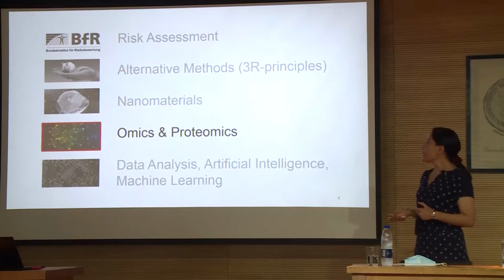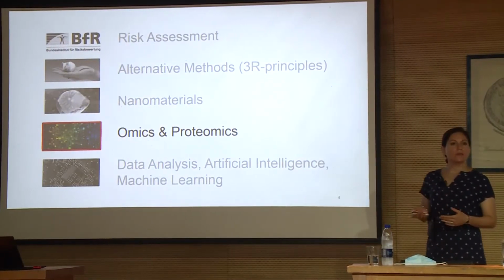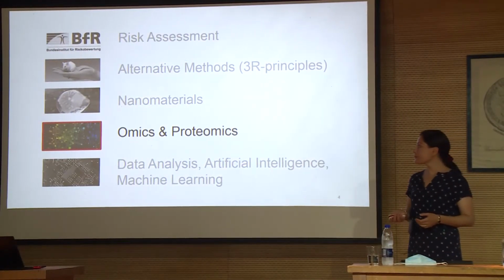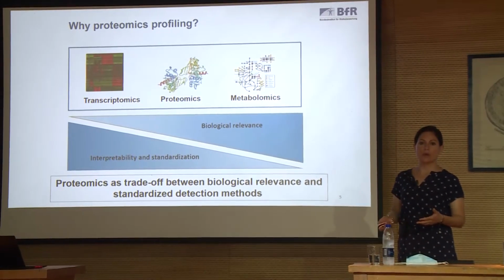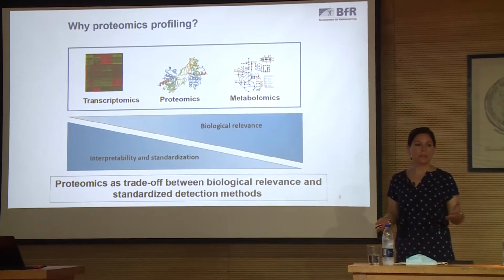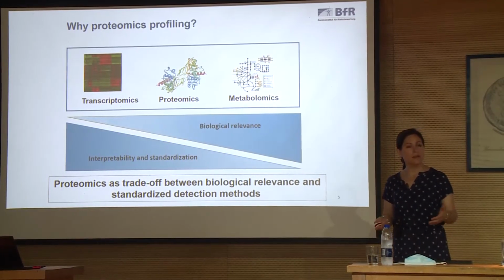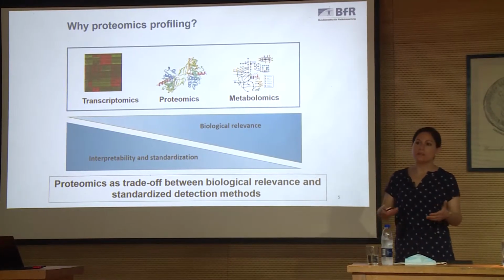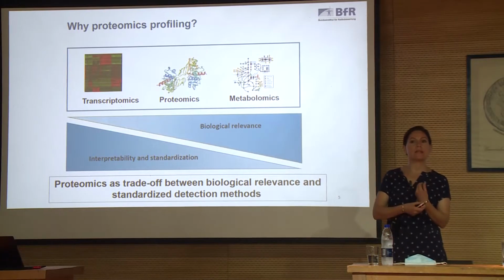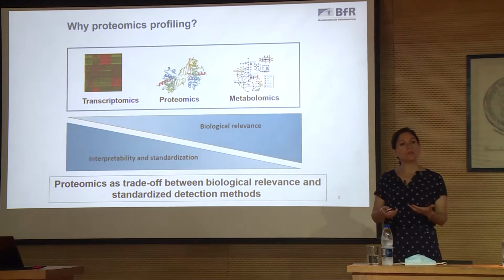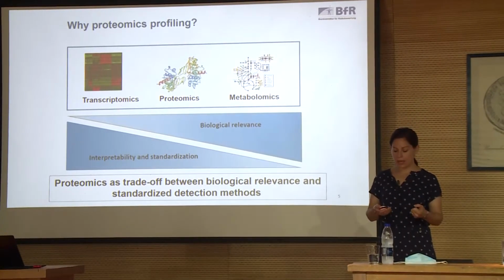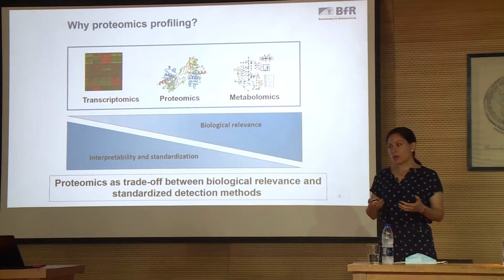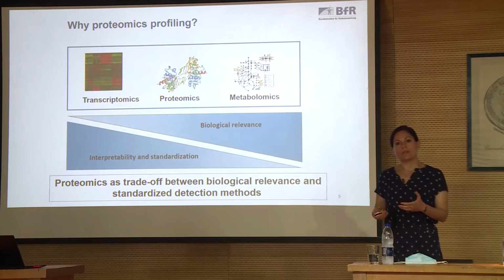About the omics and proteomics, I also mentioned why I'm interested in proteomics. For transcriptomics, a lot is already done, and it will soon be used for risk assessment. But transcriptomics is not so close to the phenotype or to the adverse outcome. Proteomics is closer to the phenotype.